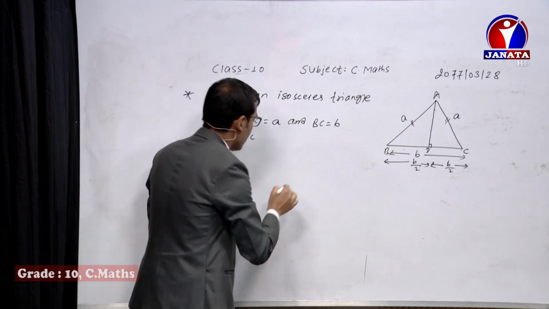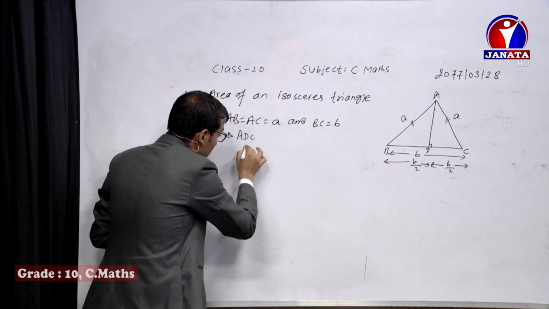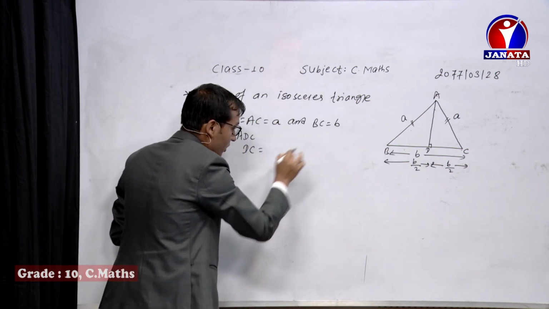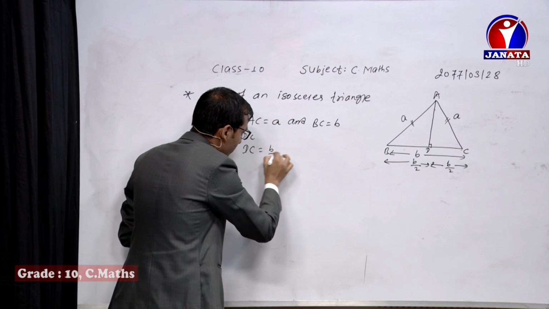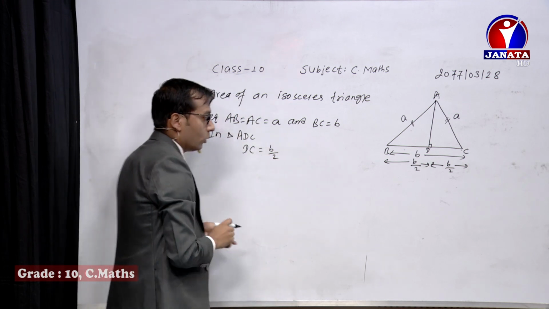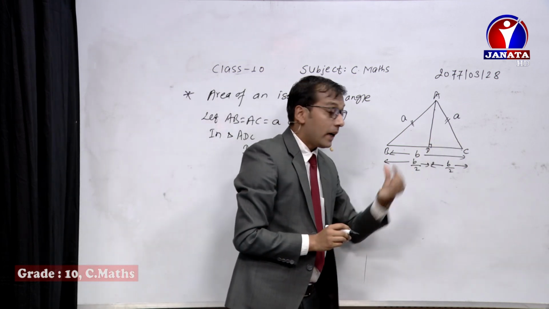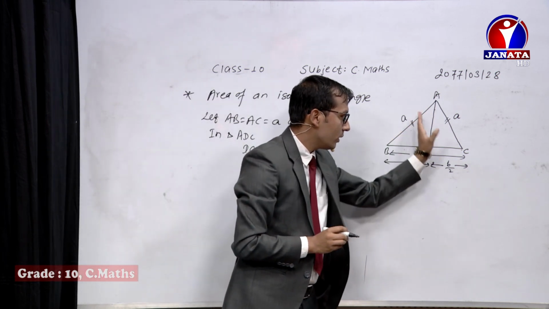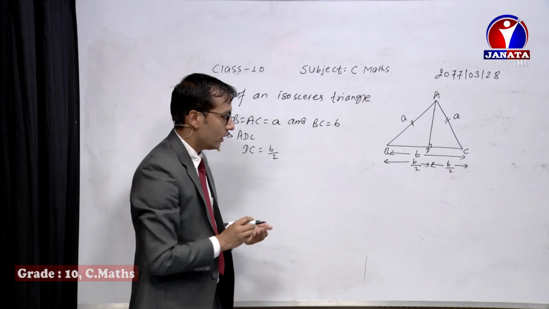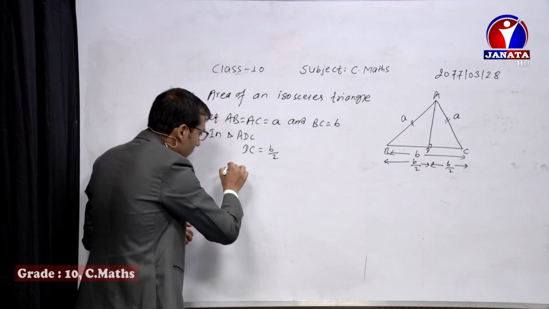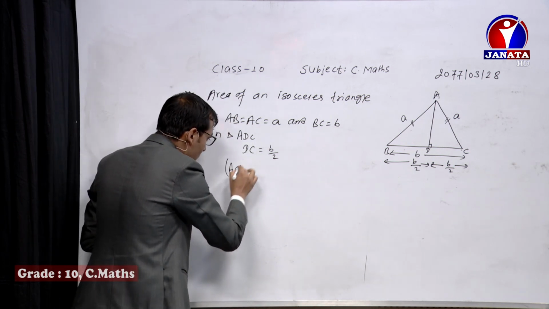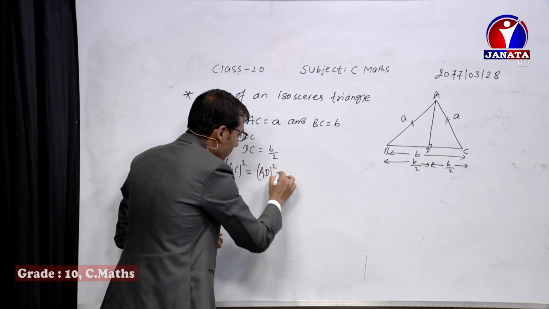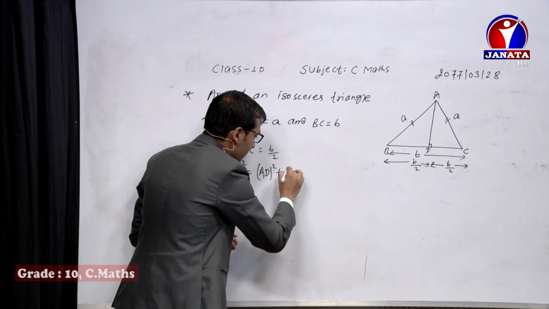In triangle ADC, what is the length of DC? This is half of BC, so we can see in the figure it's B by 2. If we use Pythagoras theorem in the right angle triangle ADC, now we can find the height AD. So let's use Pythagoras theorem, which is AC square is equal to AD square plus DC square.